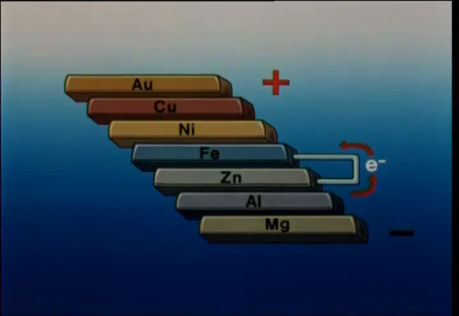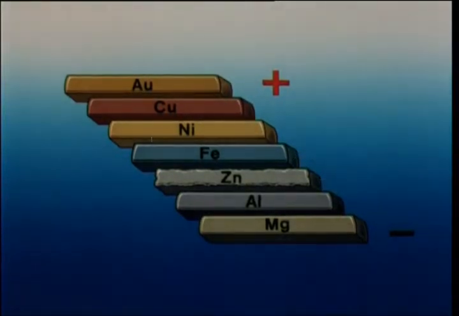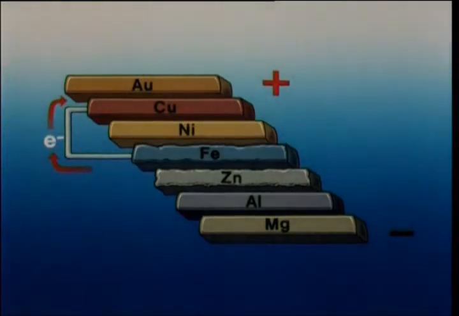The zinc is sacrificed and corrodes more rapidly, but the iron is protected. However, attached to copper or any other metal higher in the series, the iron will corrode as the electrons flow from the iron to the more positive copper, which is protected.